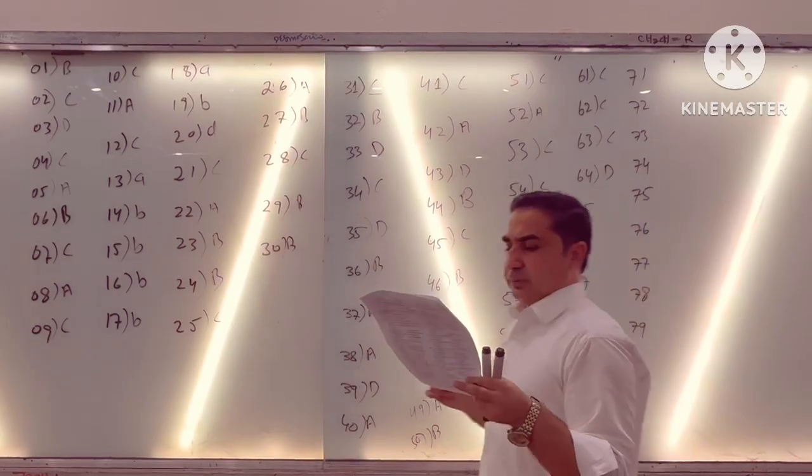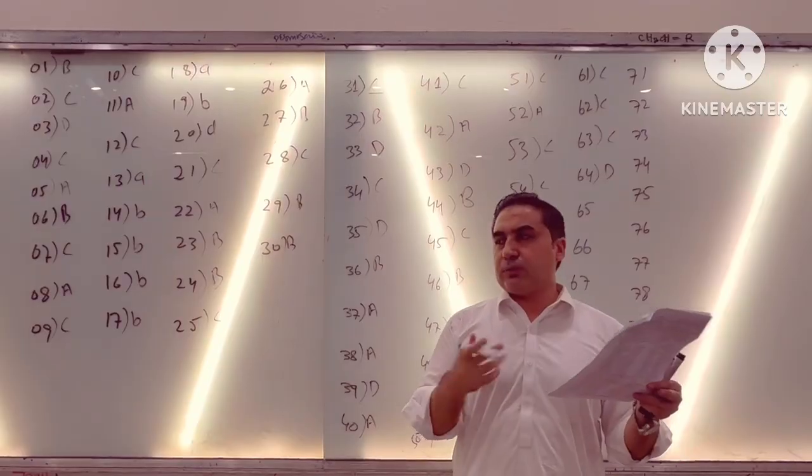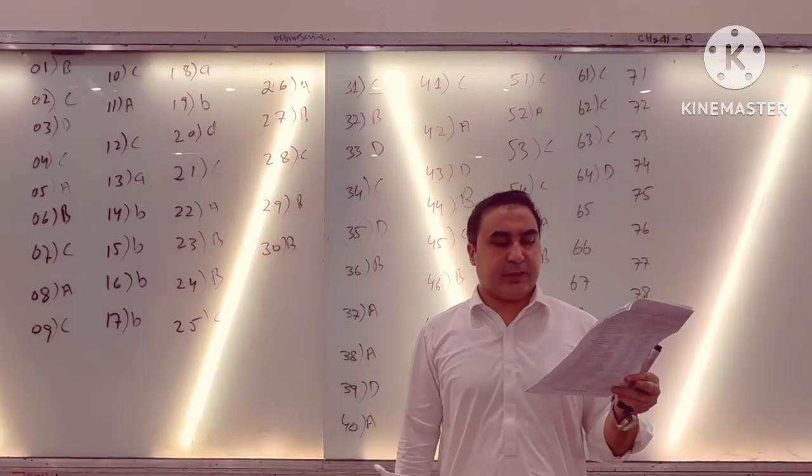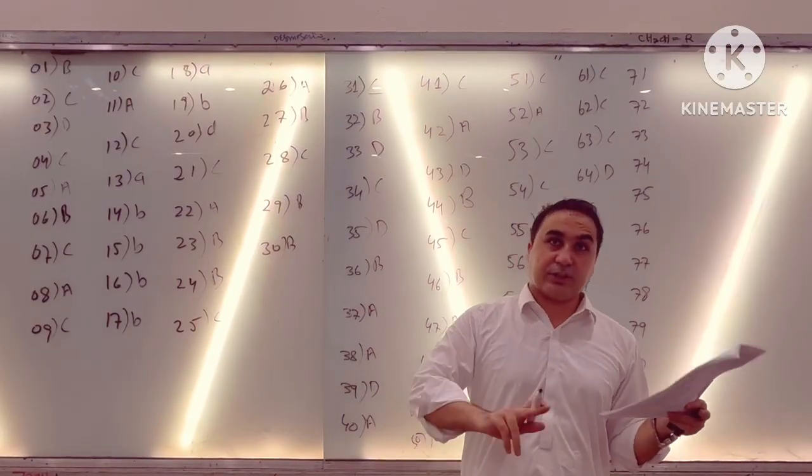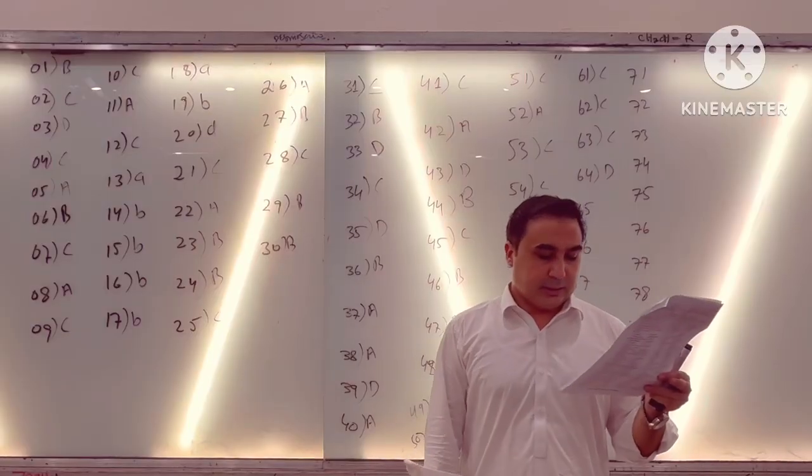B is the correct option. The A band remains constant during muscle contraction as well as during muscle relaxation.